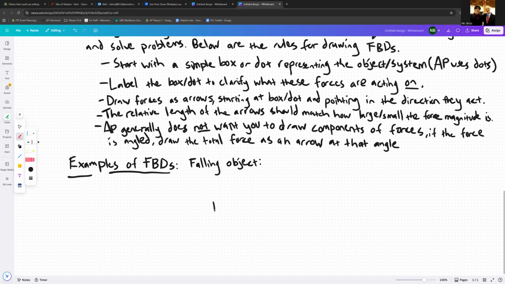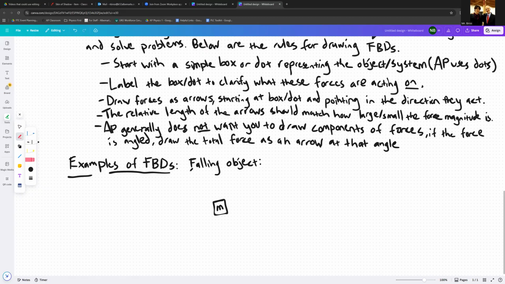All right, I'm going to start with a box. Now, if you know it's a watermelon, you could label it as that. If you know it's a backpack, you could label it as a backpack, whatever it is that's falling. For now, I'm just going to put M in there. M indicates that it has some mass. That's a frequent thing we'll do in physics: here's an object, it has some mass.